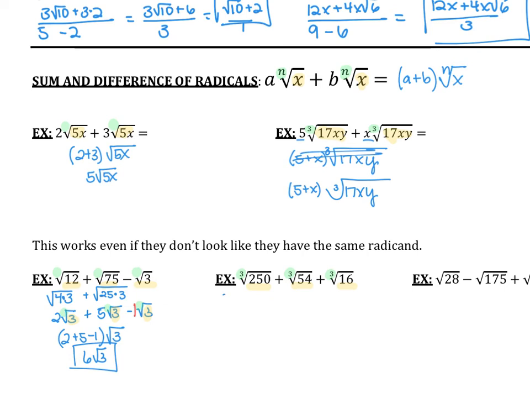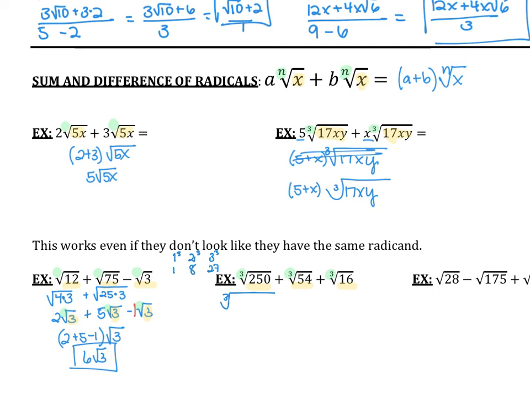So if I simplify these, we get the cube root of, well, if I'm looking for perfect cubes, remember I want to think about perfect cubes that I know go in there. Remember 1 cubed is 1, 2 cubed is 8, 3 cubed 27, and you could keep going.